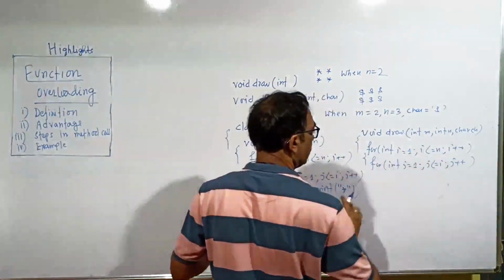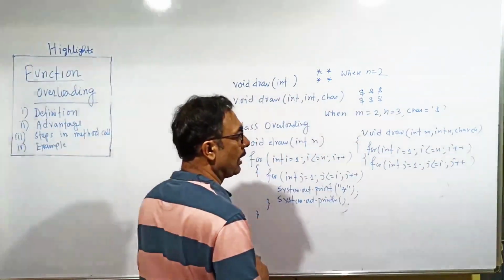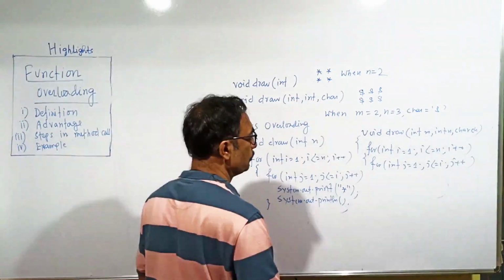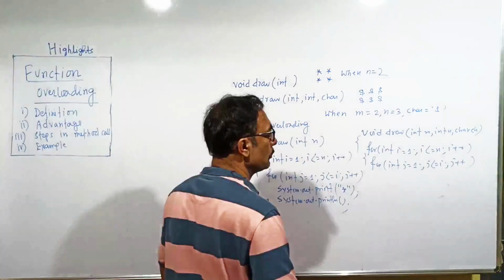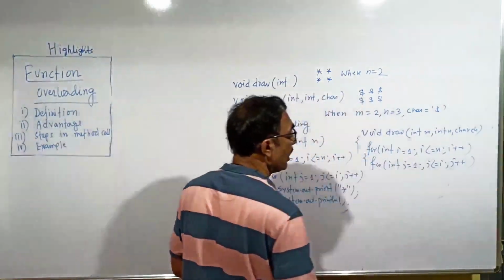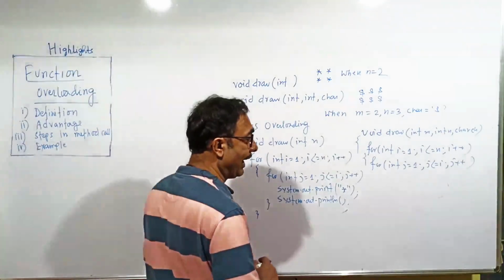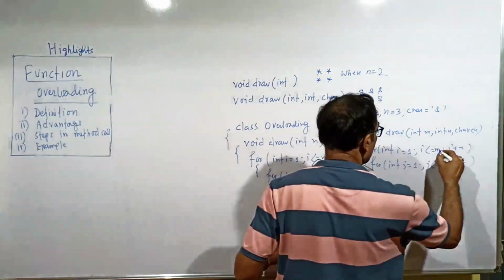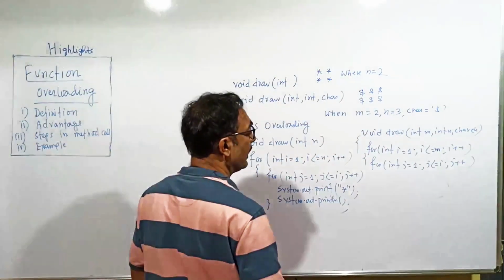So we'll give n number of rows and n number of columns.